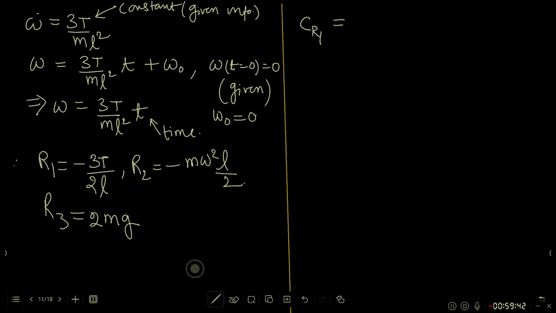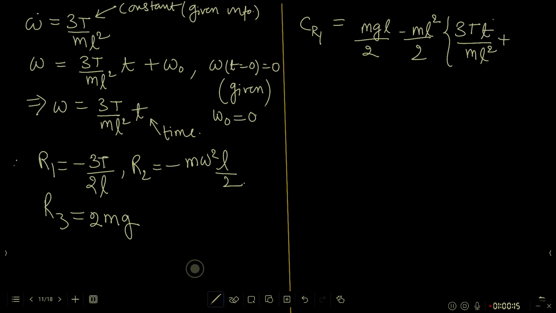Should have been written CR1. No. Omega has been found, so I am going to write it as mgl by 2 minus ml square times 3T by ml square, whole squared.